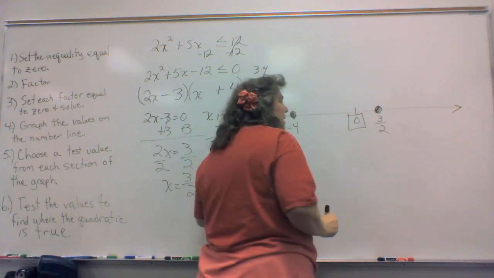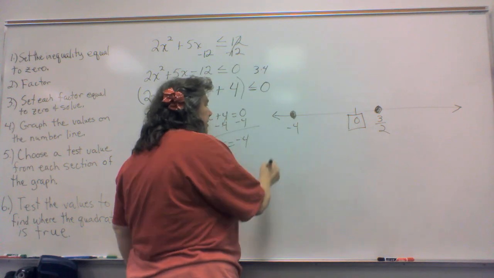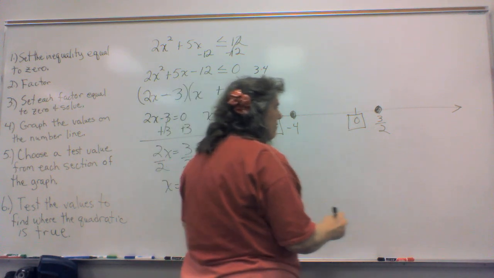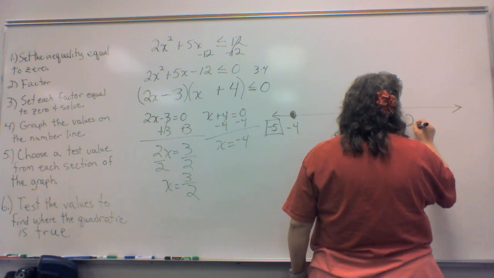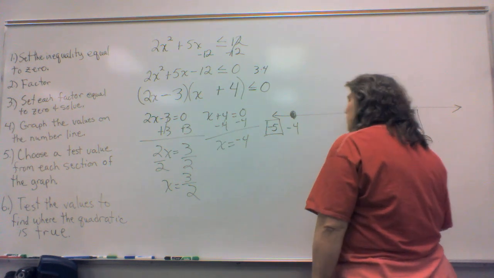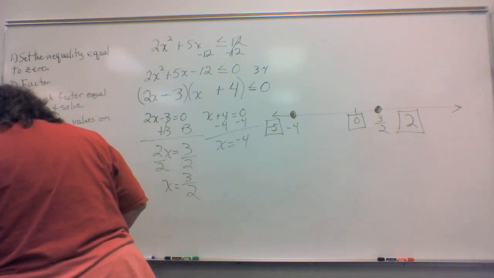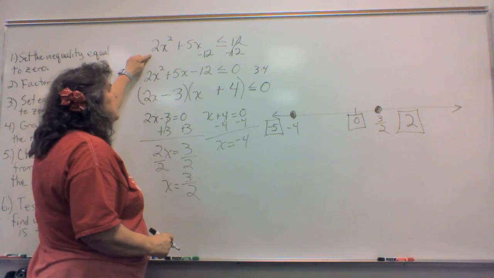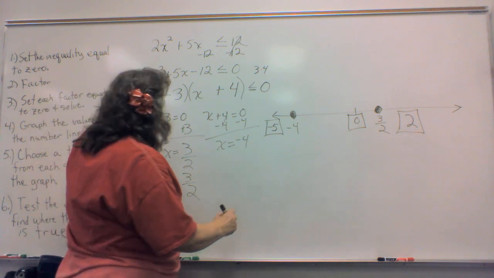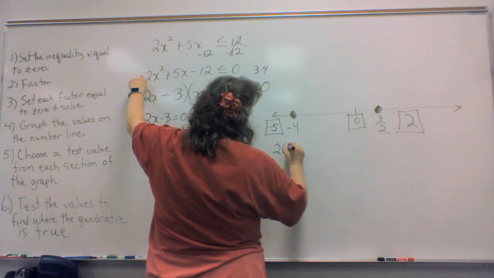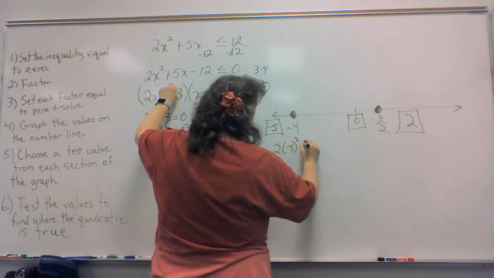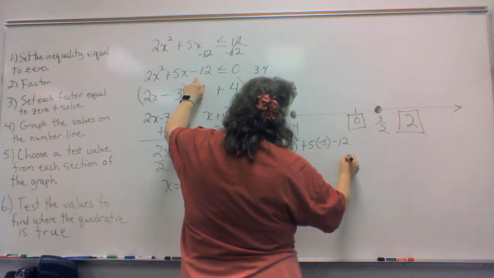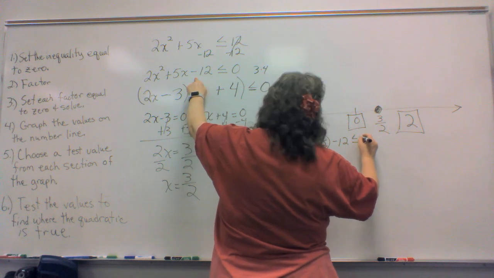Now, let's find out what's true or not. Let's get something smaller than negative 4, how about negative 5? And how about 2 up here, which is larger than 3 halves? 3 test values. So let's check them out. Let's do our first one using this equation here. 2 times negative 5 squared plus 5 times negative 5 minus 12, is that less than or equal to 0?